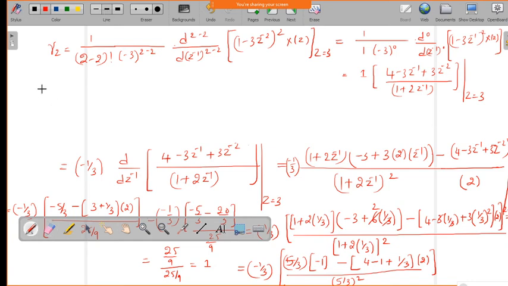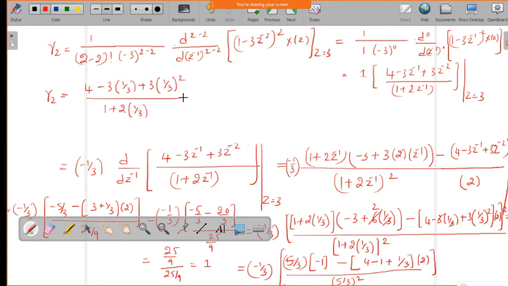What is gamma 2? Gamma 2 will be equal to 4 minus 3 into z inverse, which is 1 by 3, plus 3 into z inverse square, which is 1 by 3 whole square, divided by 1 plus 2 into 1 by 3.